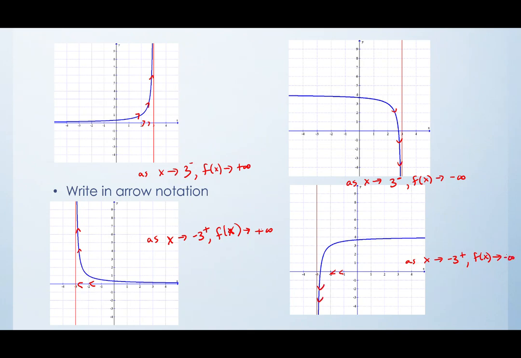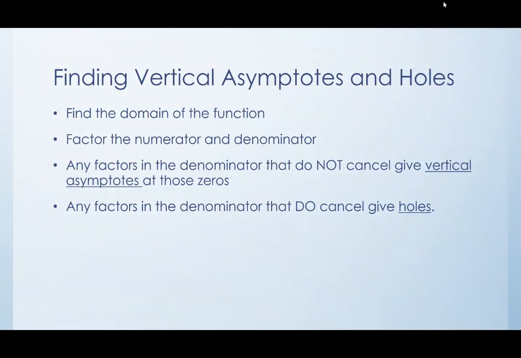So that's our arrow notation for each of these. These are the only 4 possibilities, really, that we have for vertical asymptotes. The only things that would change, of course, are the x values that the vertical asymptote is located at.